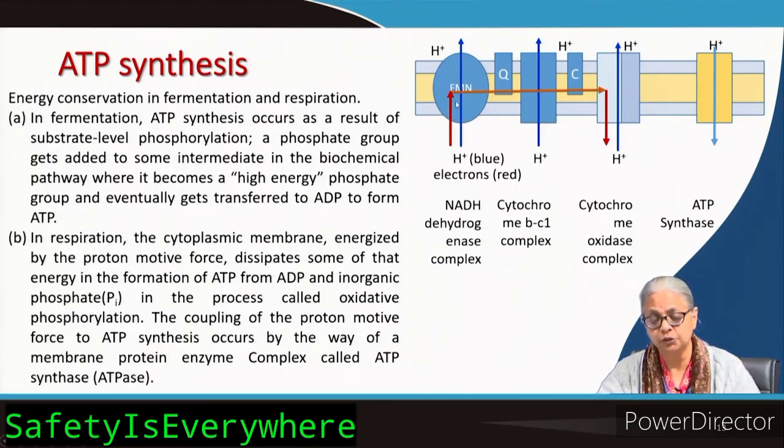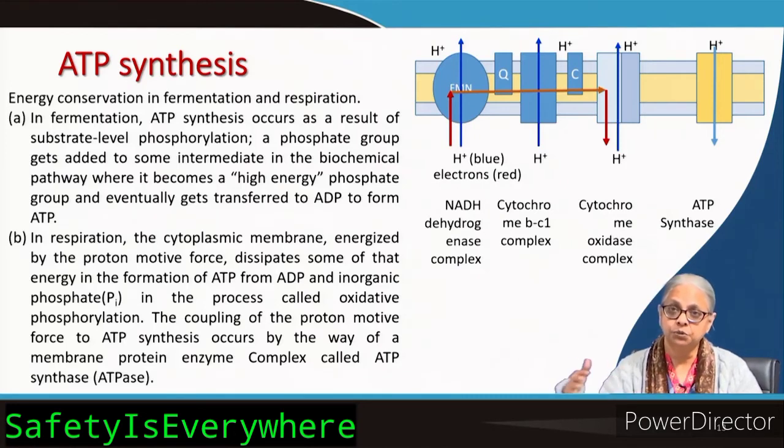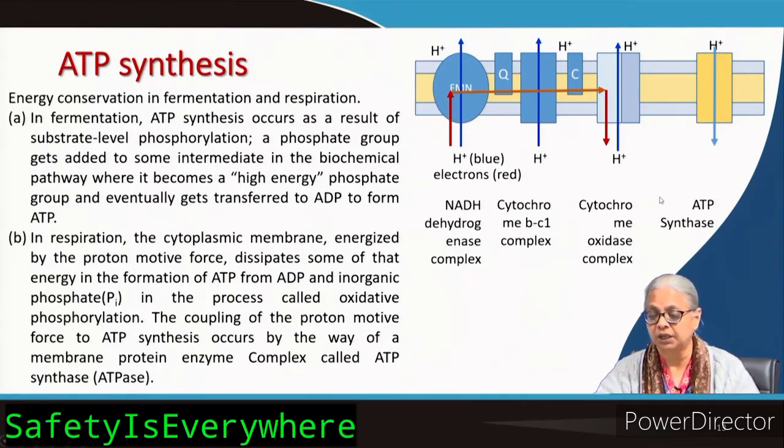Now these electrons that are with NADH are transferred from one carrier to another. You can see several carriers associated with the plasma membrane transferring electrons from one carrier to the other.